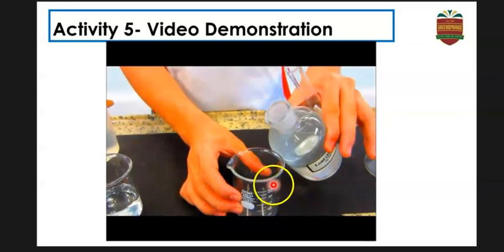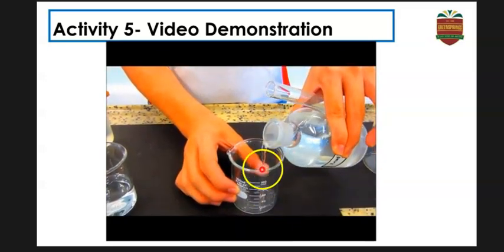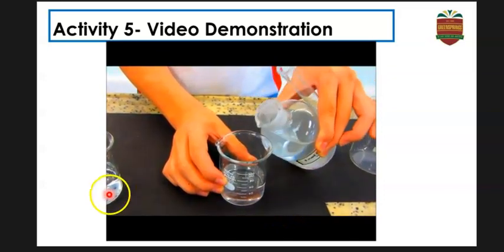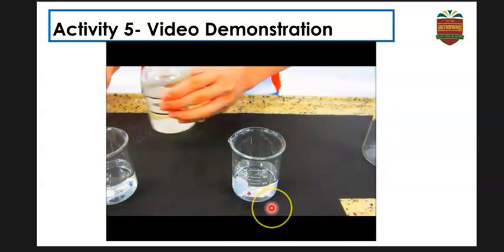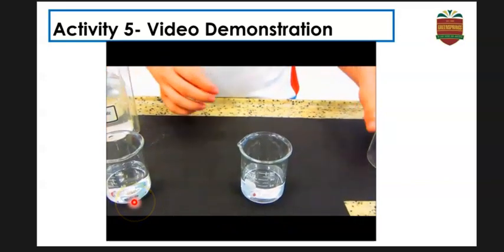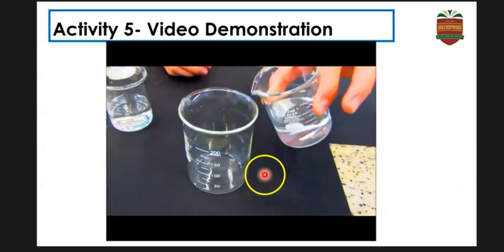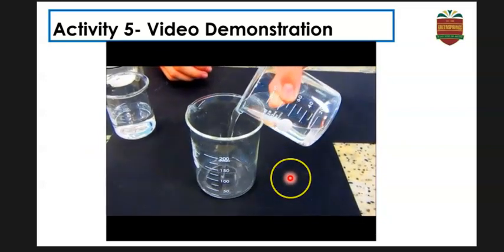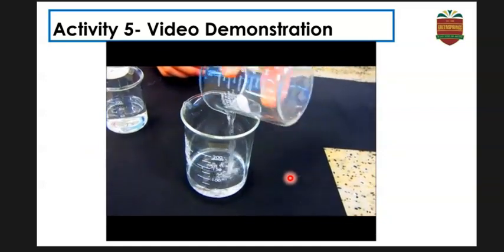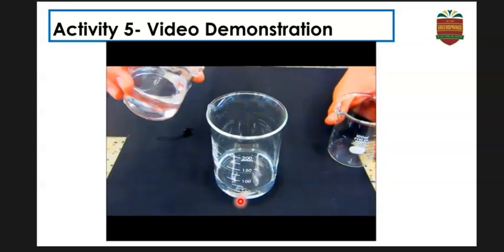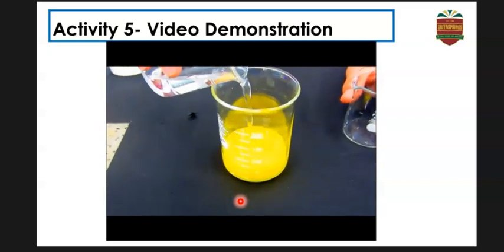Then we have lead nitrate poured into another beaker. You can see the two solutions are colorless. That indicates that they are soluble. You can see that they are clear. It means that the two solutions are what? Soluble solutions. Okay, so we'll pour the lead nitrate into the beaker. Then we'll pour the potassium iodide. Wow.